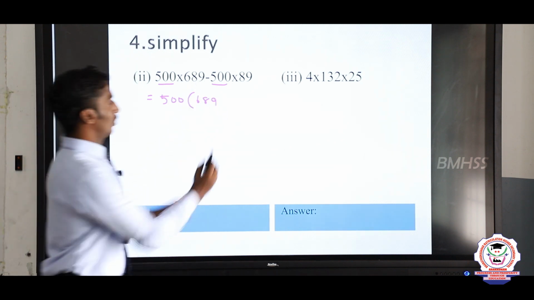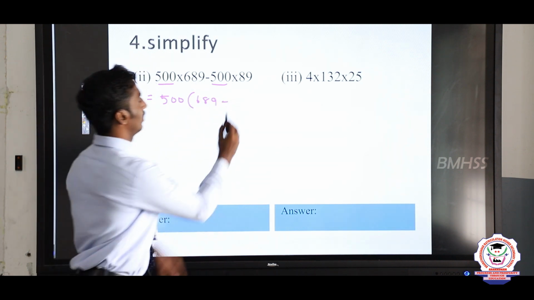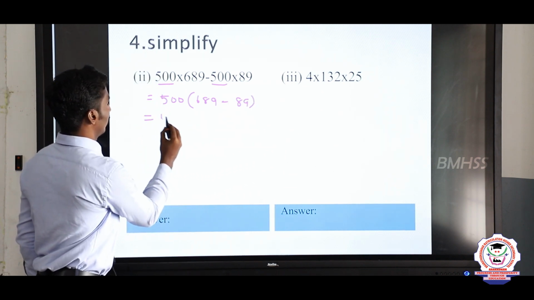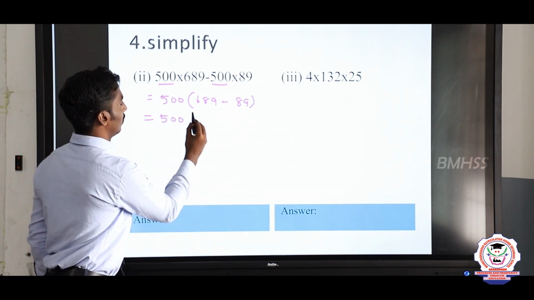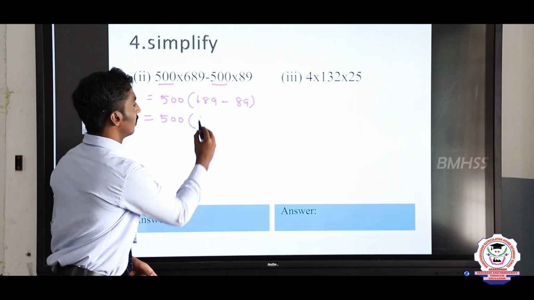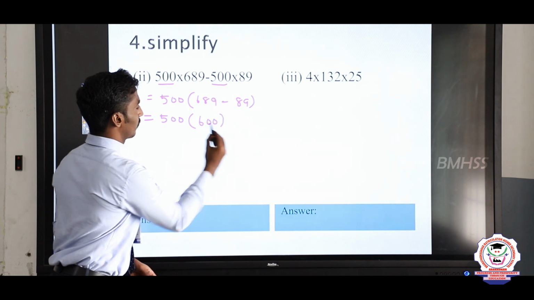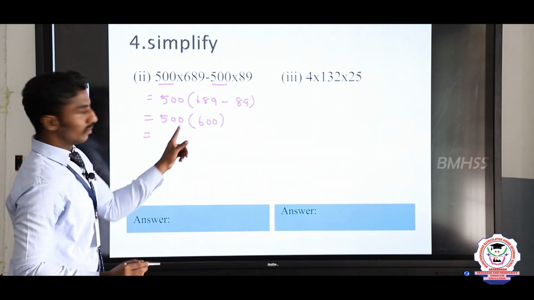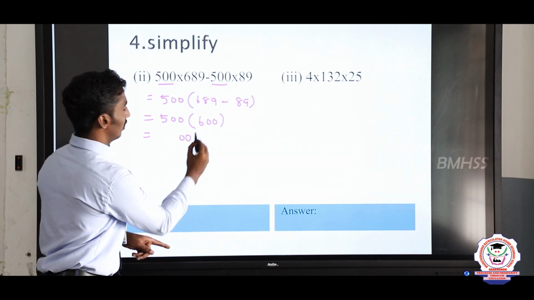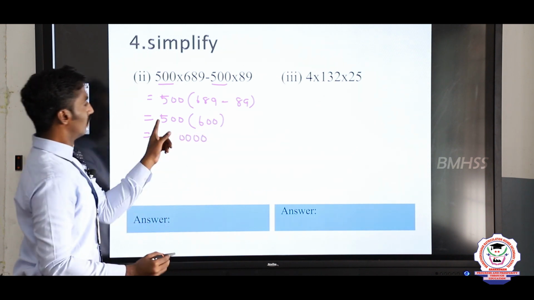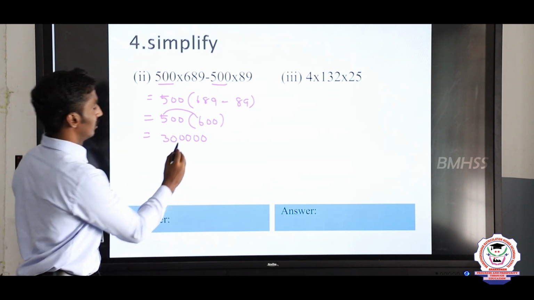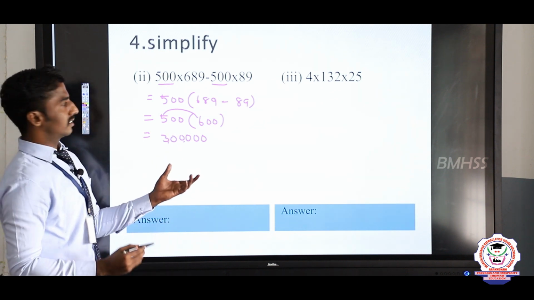The sign is negative, so minus 89. 500 into 689 minus 89, we get 600. Listen, 40. Here 20, here also 20, 40. 5 6s are 30. So we get 3 lakhs.